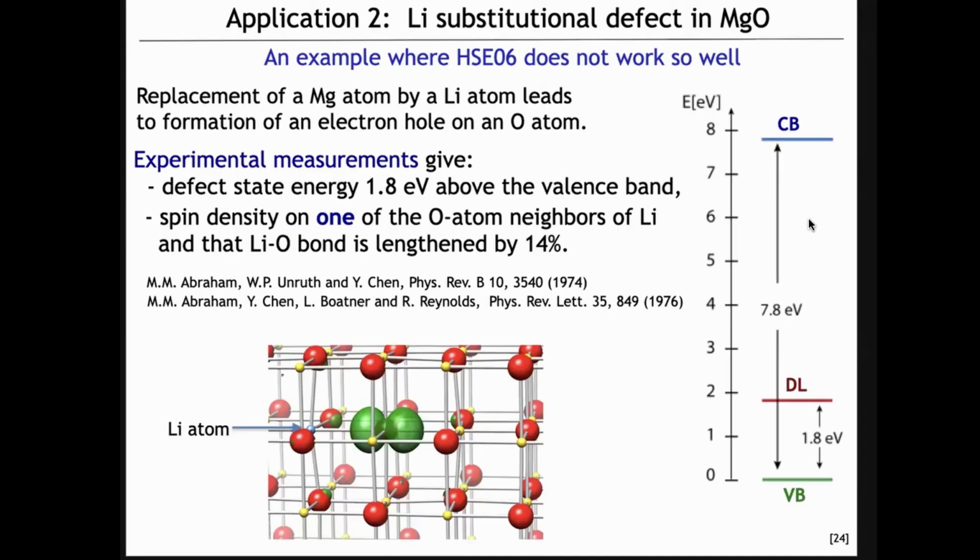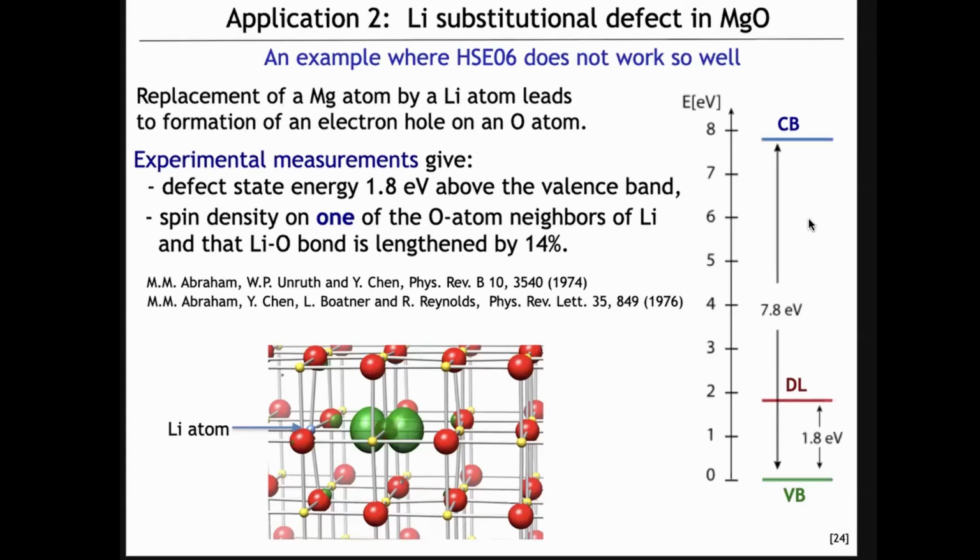Here's a system where a lithium atom is replacing one of the magnesium atoms in MgO. And it's well known what ends up happening: you see, the lithium atom cannot deliver 4 electrons. It only delivers 3. And so we have an oxygen atom here that is hungry, and there's a hole sitting on the oxygen atom.